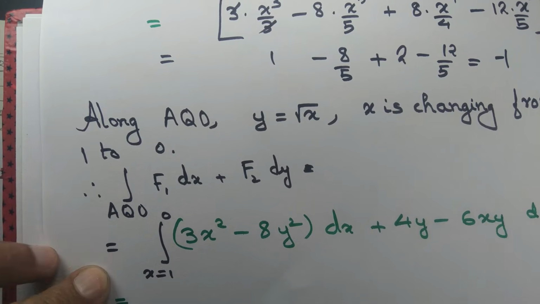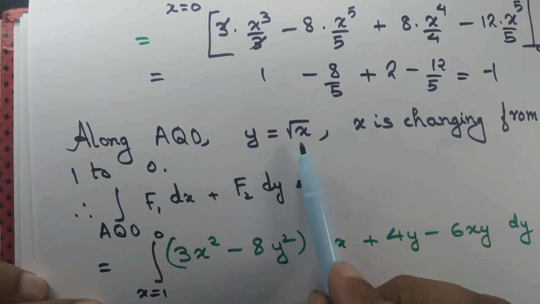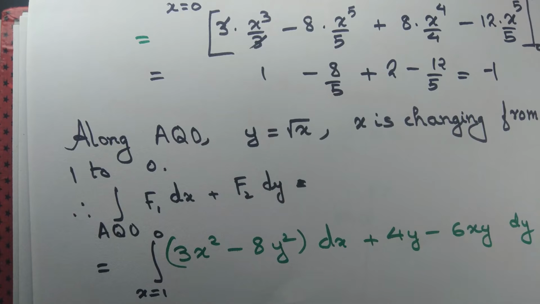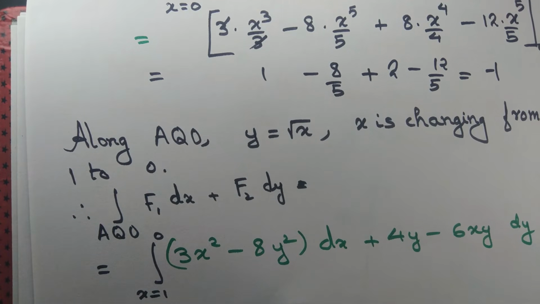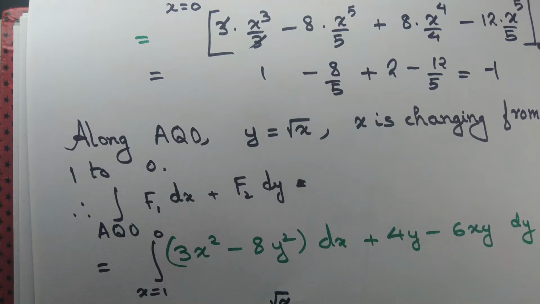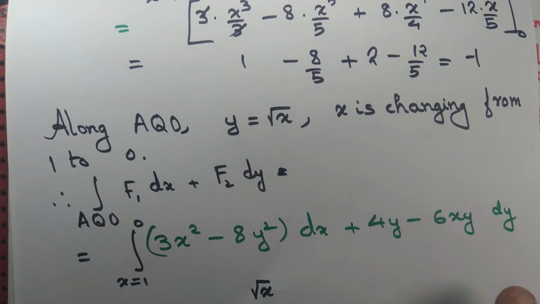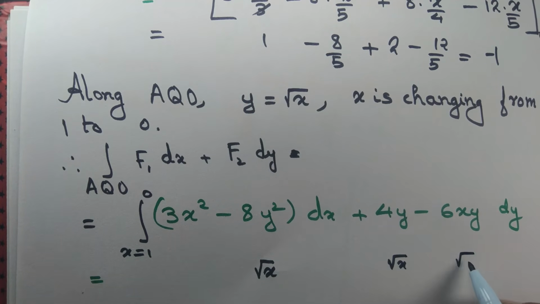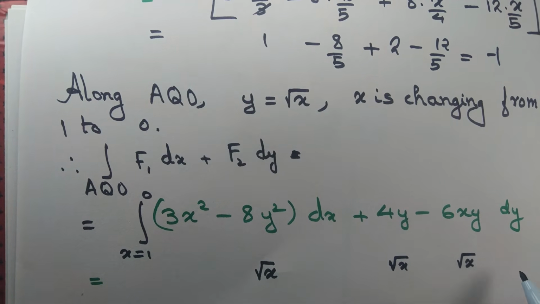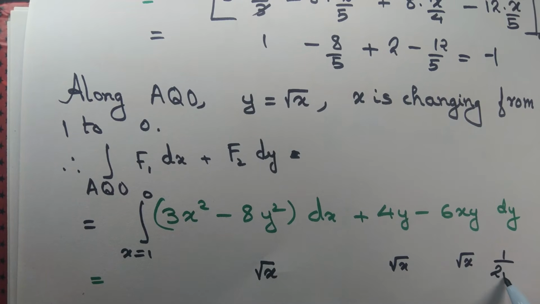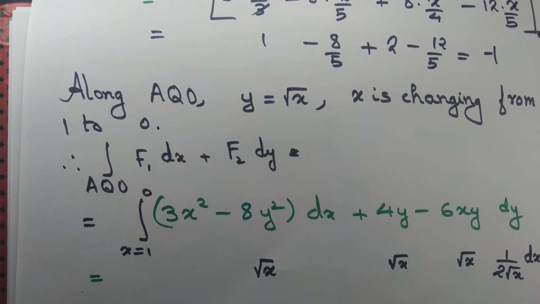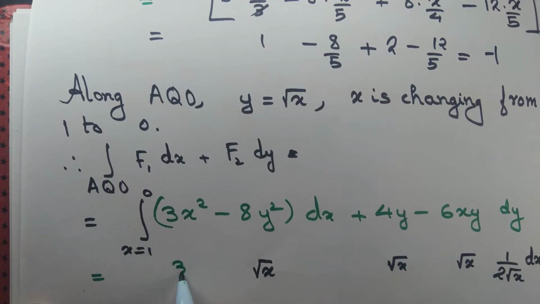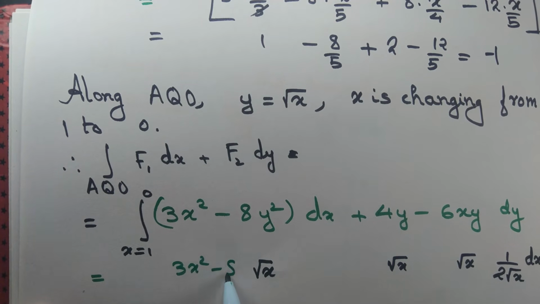But as we have said, y equal to root x. So let's replace y by root x. Instead of y, we'll write root x. So dy will be equal to 1 by 2 root x dx. Rest of the expression will keep as it is. 3x square minus 8y square.